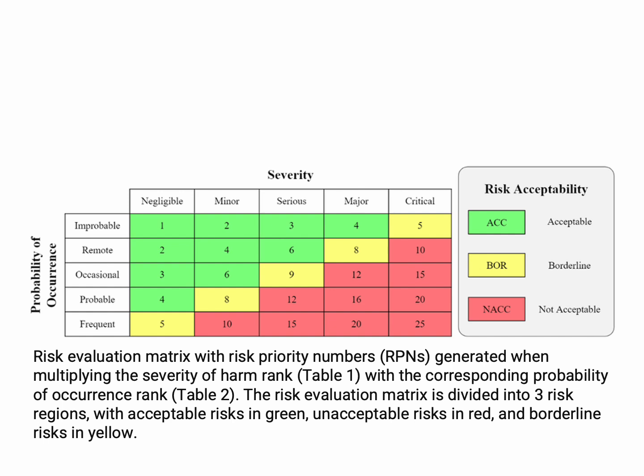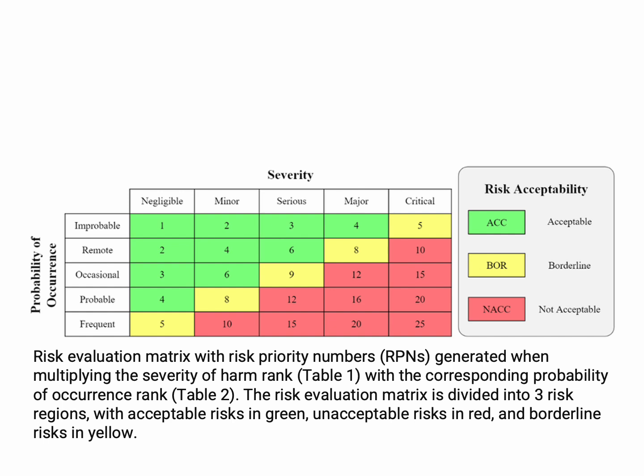So here you have it in this table, which is again the corresponding probability of occurring ranks, which is in table 2. So what you can see on the left side, left table, where you have the probability of occurrence on the left and on the top the severity, we need to establish this type of risk evaluation matrix for each device.